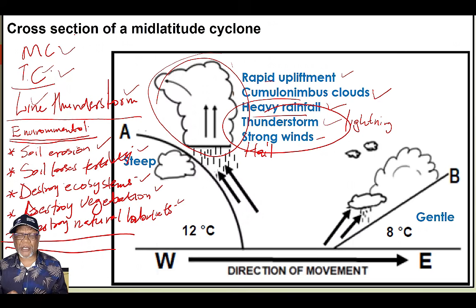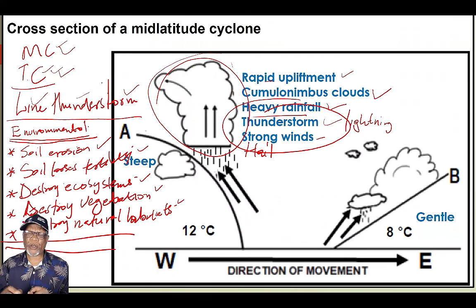the question says you must give the impacts of weather. You must give the impacts of either tropical cyclone, because I don't know what you are going to be assessed on. Is it going to be tropical cyclone, or line thunderstorm, or mid-latitude cyclone? So long as the question wants the impacts on the natural environment, you must know it is soil erosion.